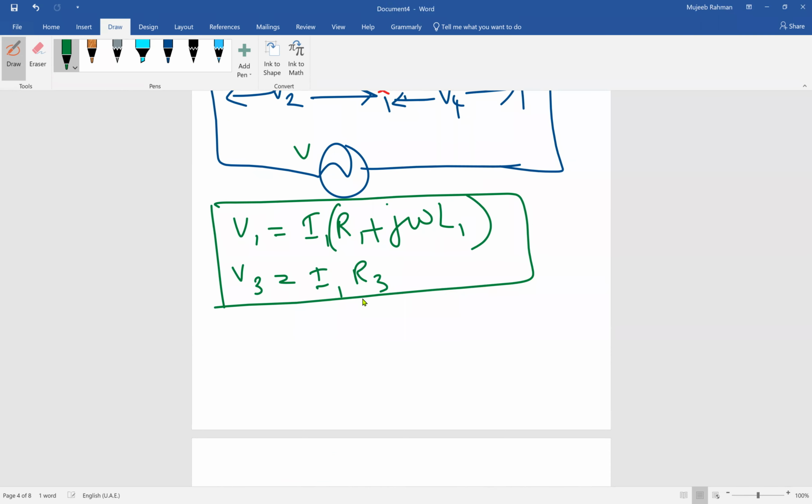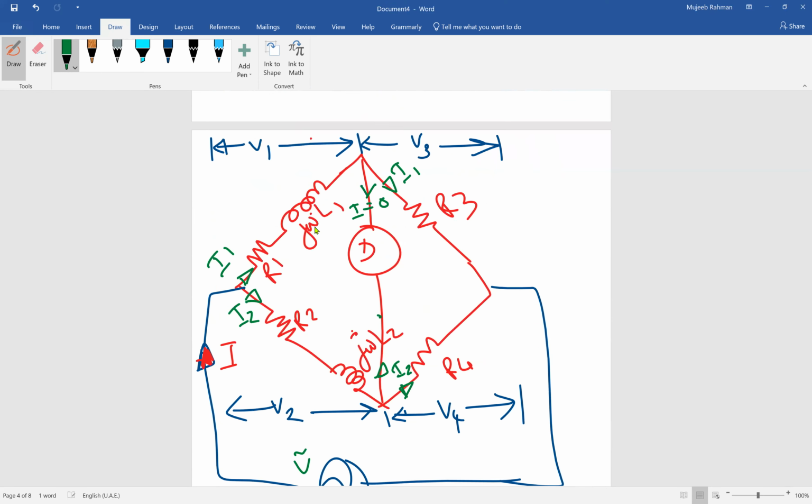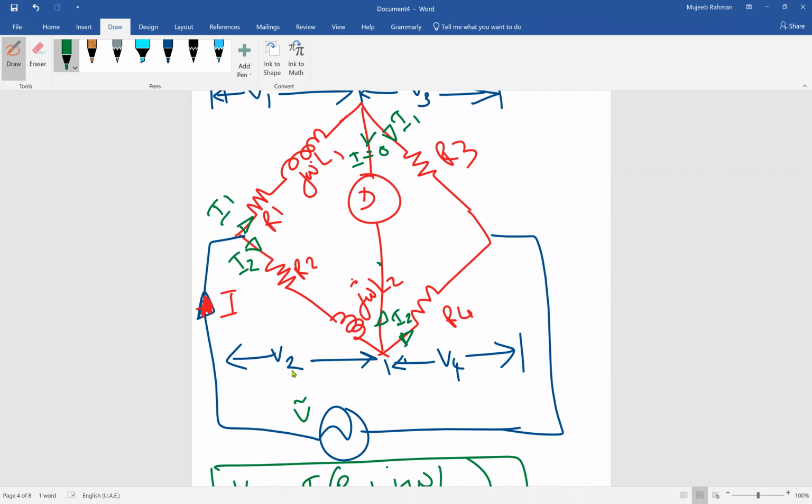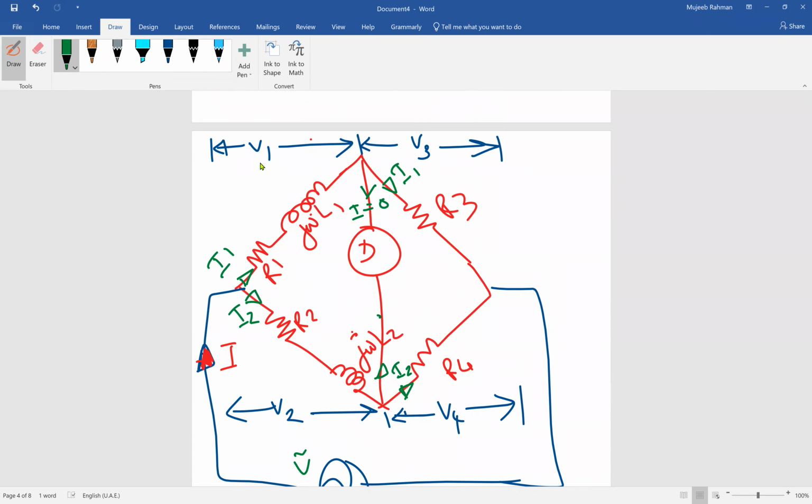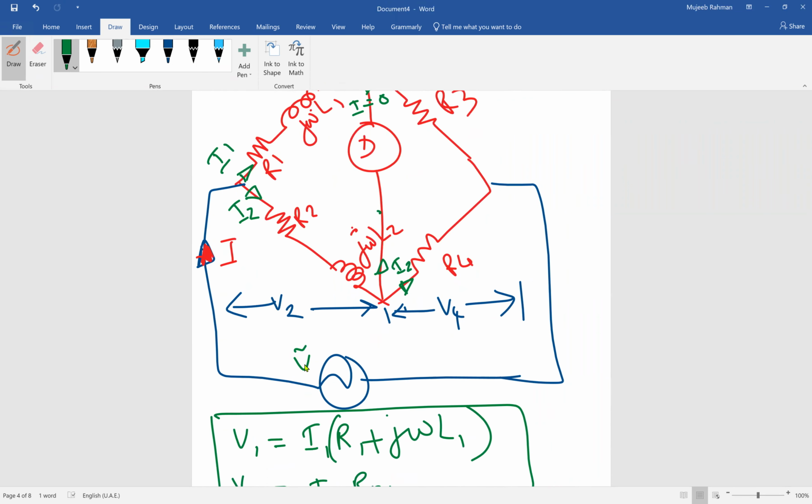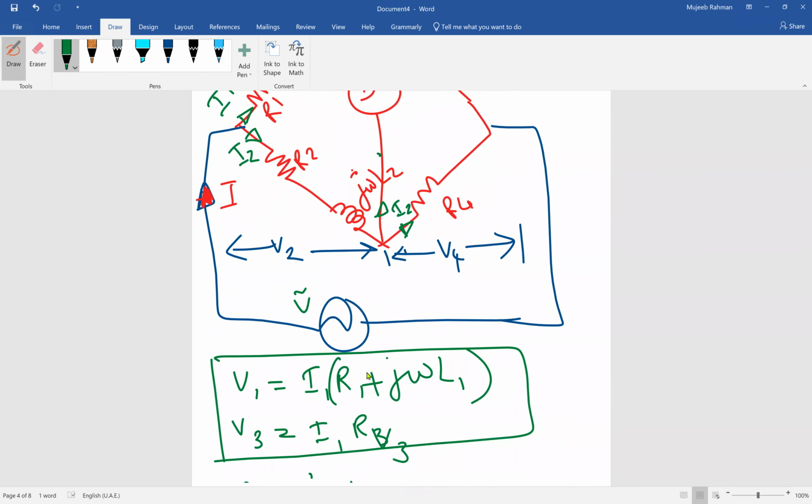If V is the supply voltage, then V is equal to vector V1 plus vector V3. In the same manner, we have to find out V2 and V4. V2 is the voltage across R2 L2, whereas V4 is the voltage across R4. So either V1, V3 or V2, V4 will give you the result here.